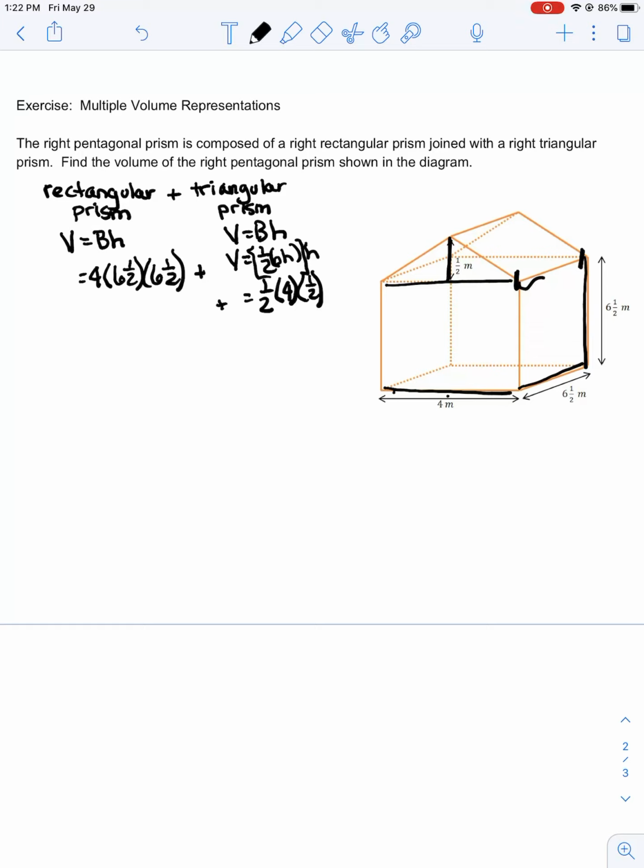So it's this distance right here, which is 6.5. So if I multiply the first set of numbers together, the 6.5 and 6.5 and 4, we get 169.